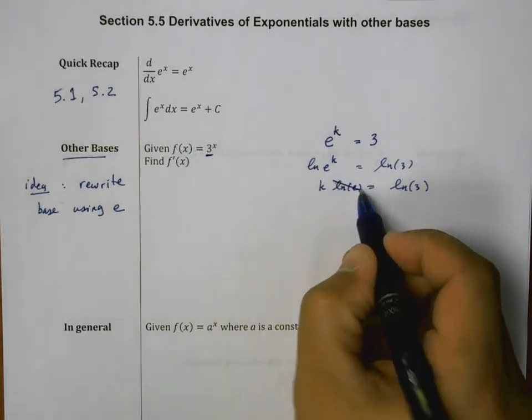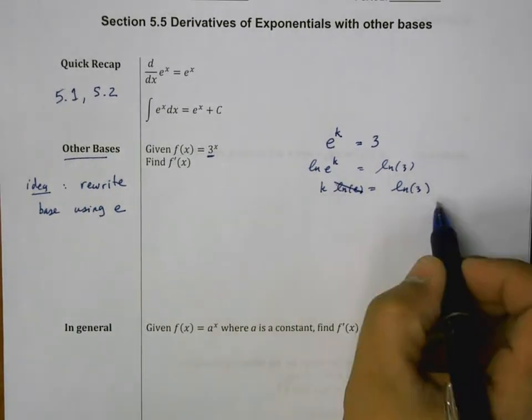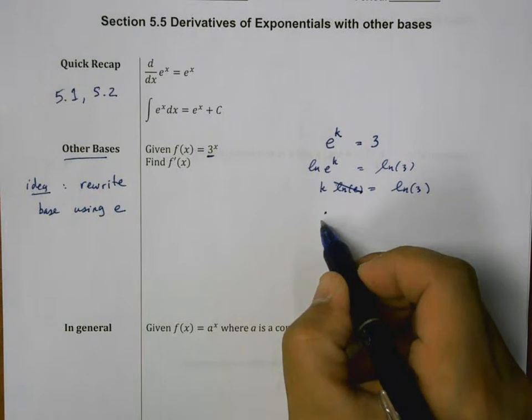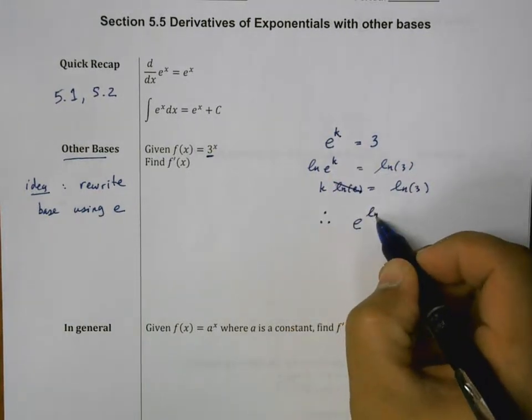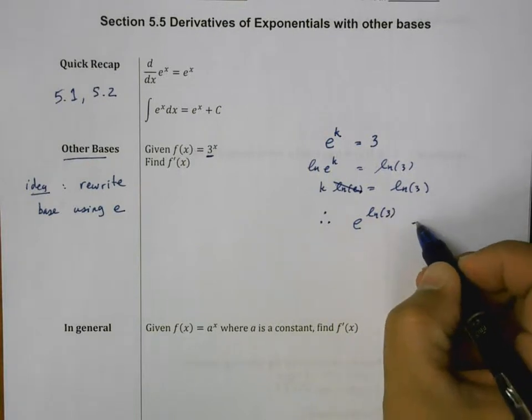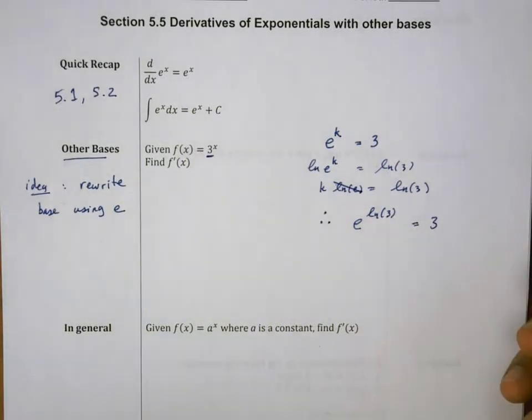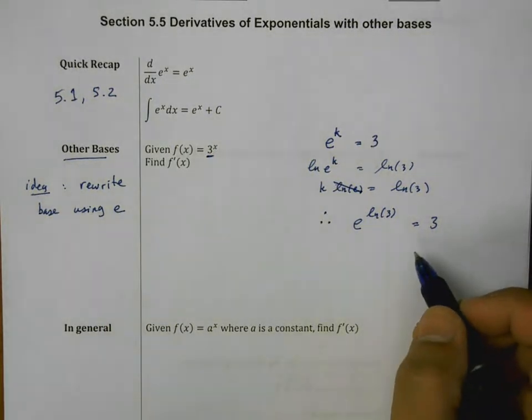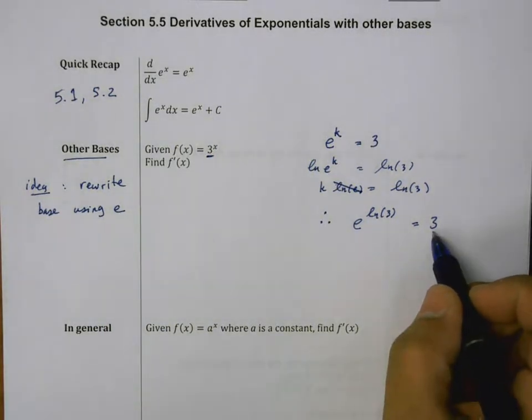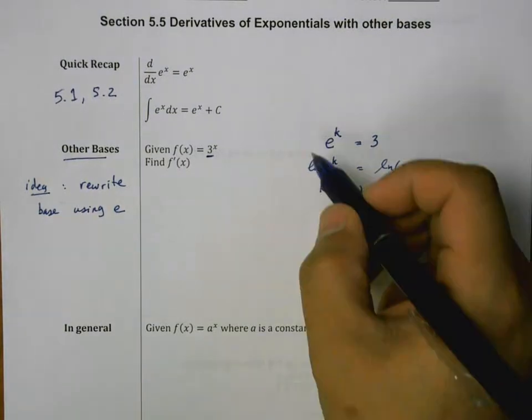And natural log of e is just 1. So that means k is equal to natural log of 3. So therefore, e to the k, or e to the natural log of 3, is equal to 3. So by solving that equation, we're able to rewrite the number 3 using e.